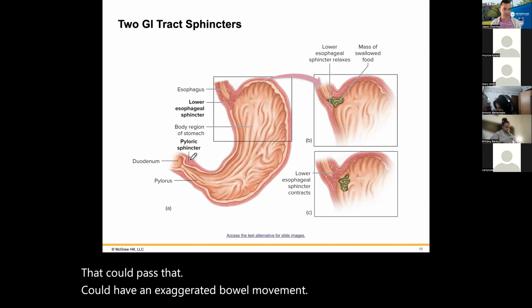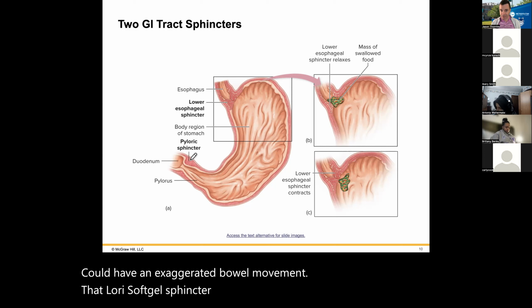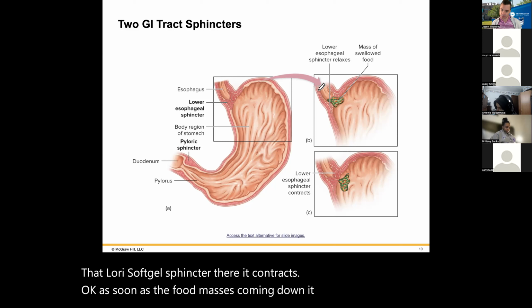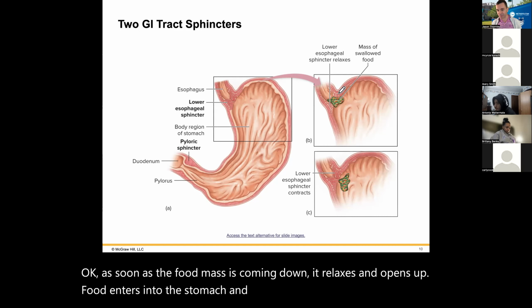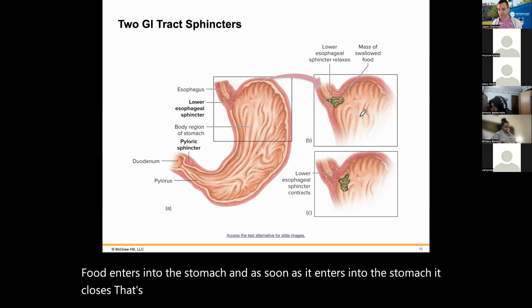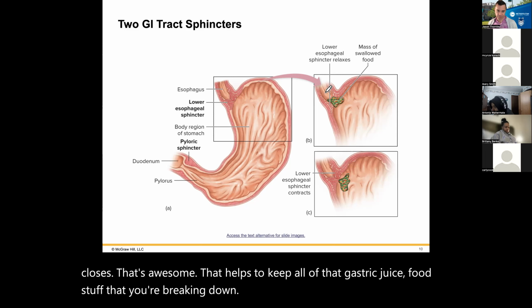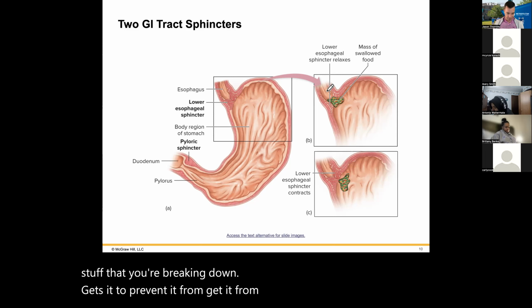That lower esophageal sphincter, it contracts. As soon as the food mass is coming down, it relaxes and opens up. Food enters into the stomach, and as soon as it enters the stomach, it closes. That's awesome. That helps to keep all of that gastric juice and food you're breaking down from going back up into your esophagus.